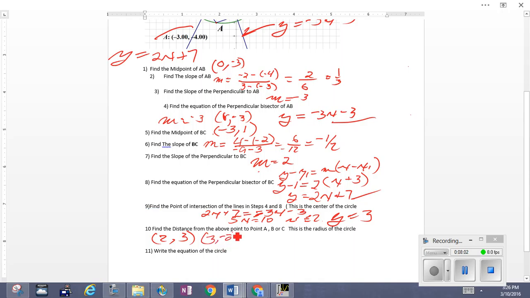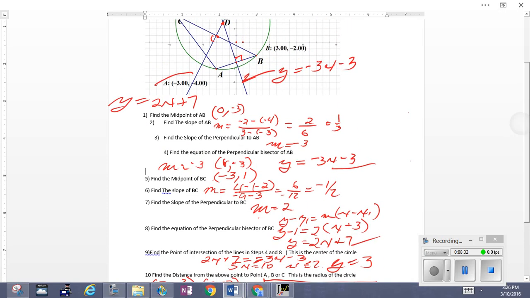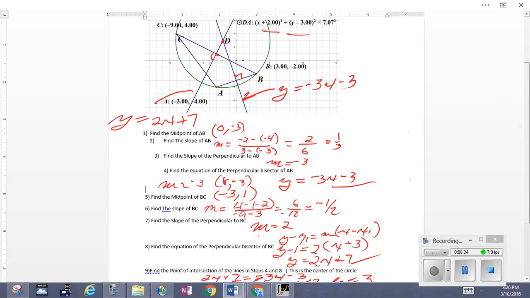I'm going to work that out: 3 minus 2, the quantity squared, plus negative 2 minus 3, the quantity squared, so that's 1 squared plus negative 5 squared, which ends up being 26.